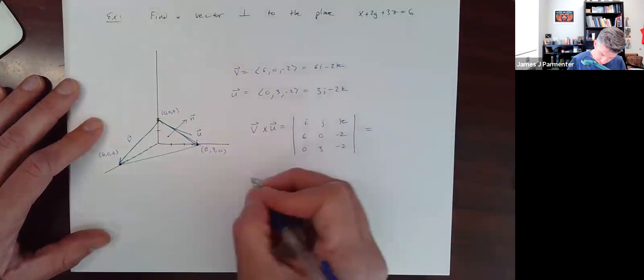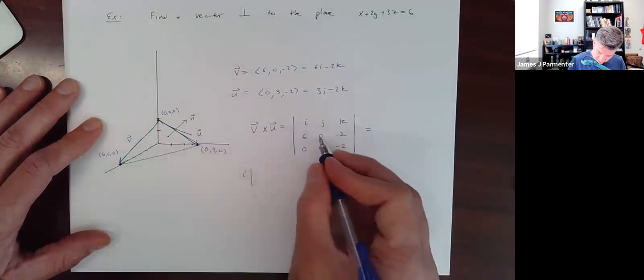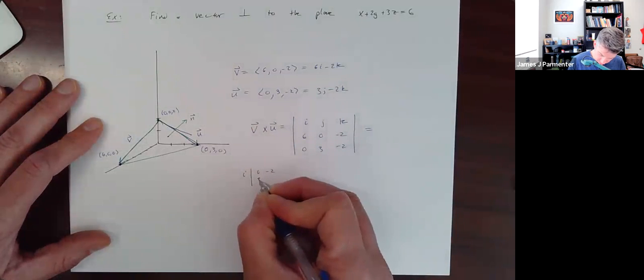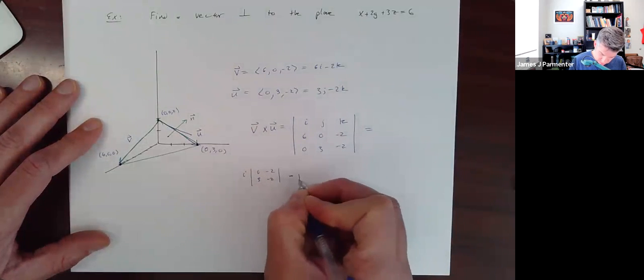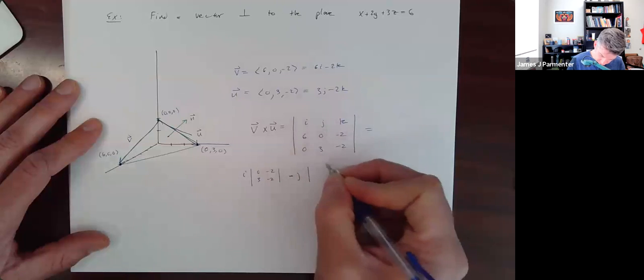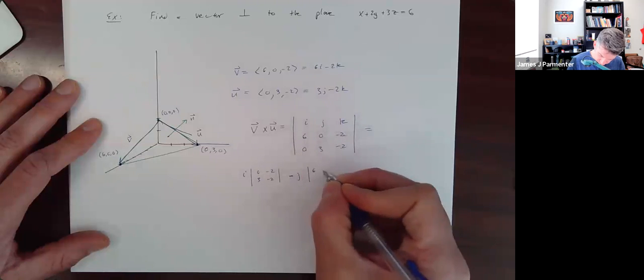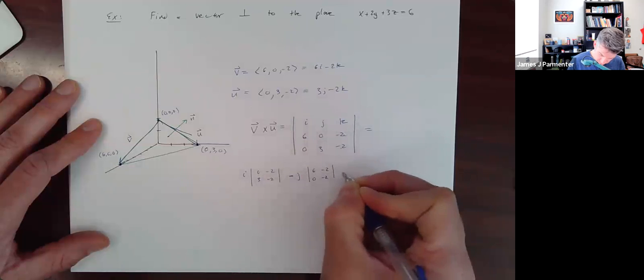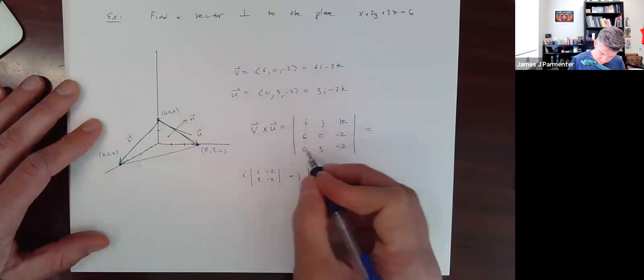And when I do this, I'm going to get i times the determinant of 0, negative 2, 3, negative 2, minus j times the determinant of 6, negative 2, 0, negative 2, plus k times the determinant of 6, 0, 0, 3.